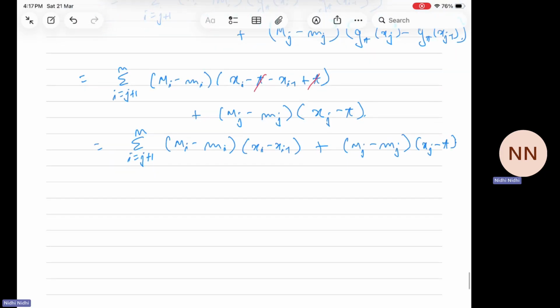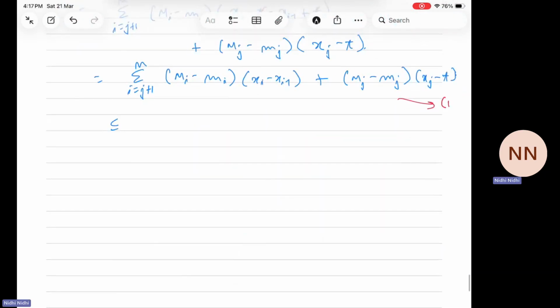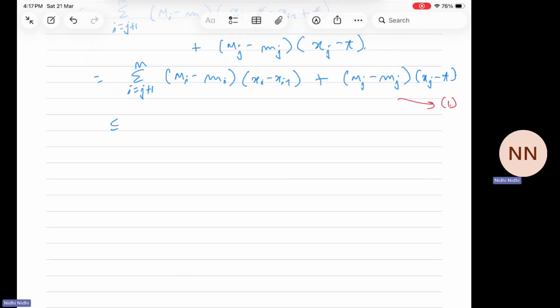Now this will obviously be less than or equal to, I'll mark this as equation 1, the summation i from 1 to n of (M_i minus m_i)(x_i minus x_{i-1}).